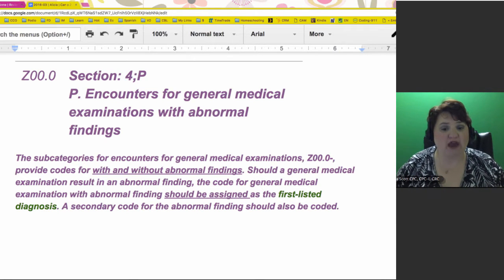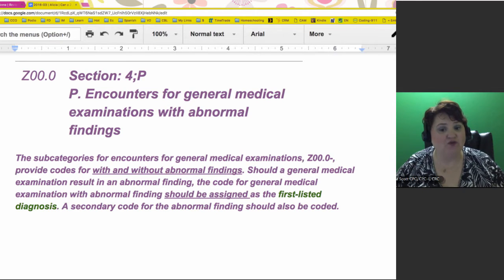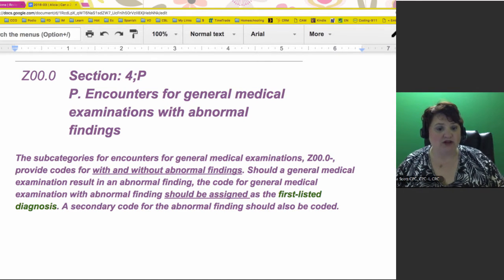If you have abnormal findings, what should you do? Well, it says right here in this guideline, should a general medical exam result in an abnormal finding, the code for general medical examination with abnormal findings should be assigned, okay, just like we did before, as the first listed diagnosis.